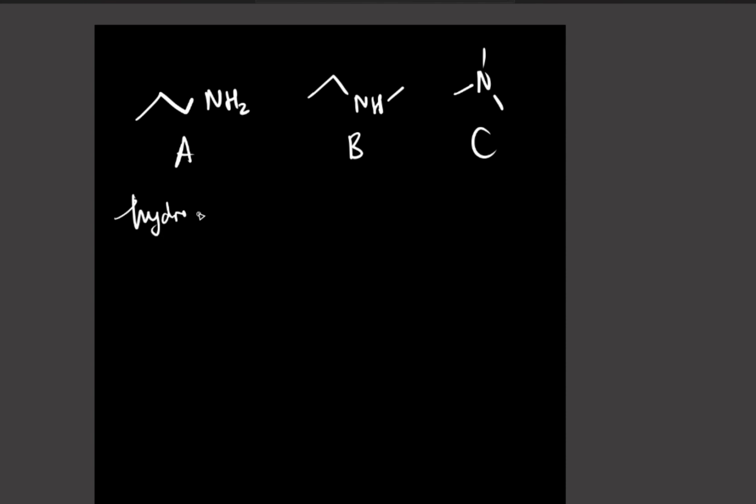Okay, next. We have 3 substances here. This is A, this is B, and this is C. We can see that A and B will have the bond between nitrogen and hydrogen, so these two have hydrogen bonding.